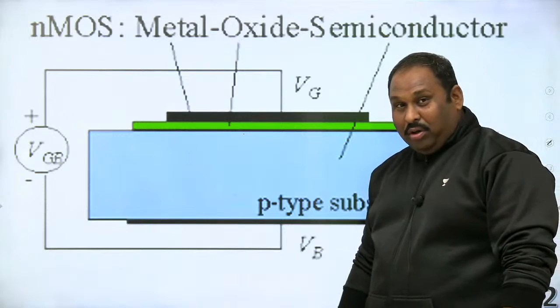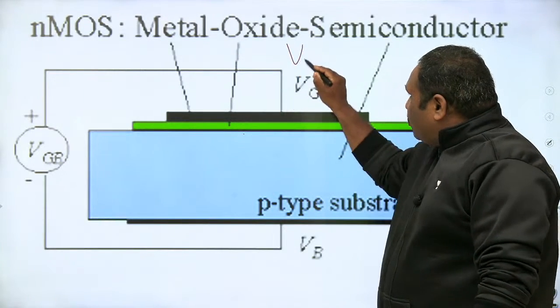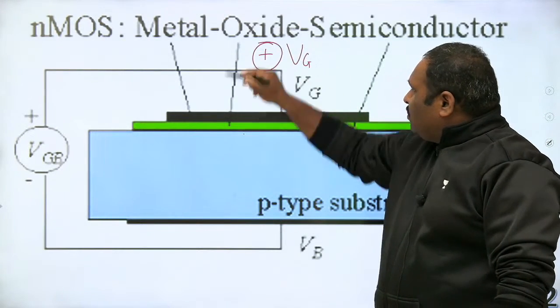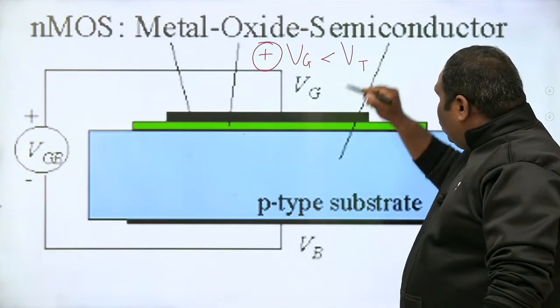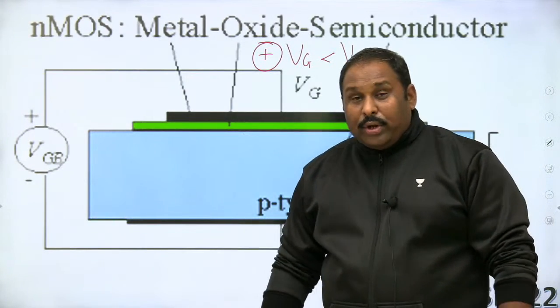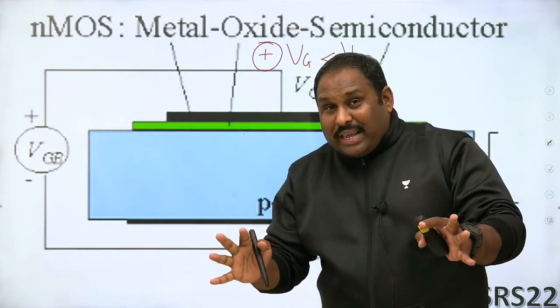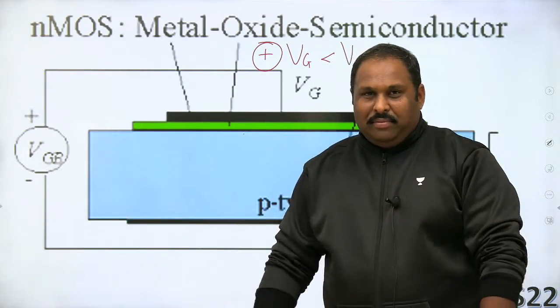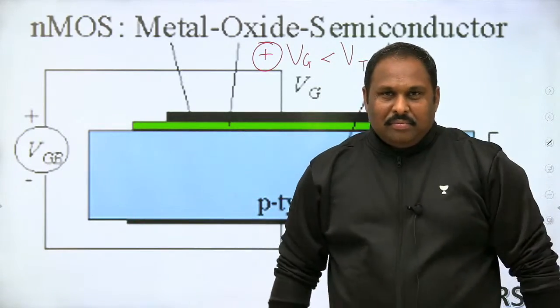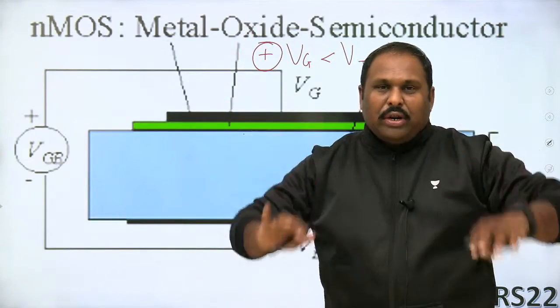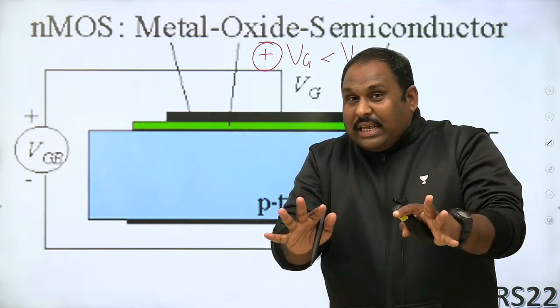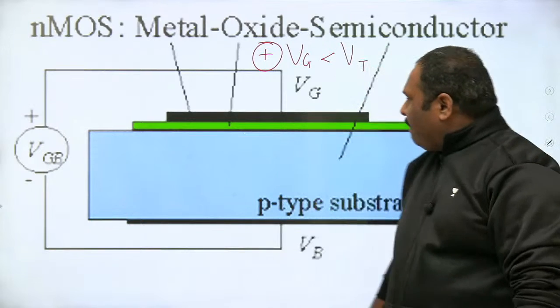Depletion mode is that mode जो यहां पे वोल्टेज पॉजिटिव जरूर है बट लेस देन थ्रेशोल्ड. वो इतना ज्यादा नहीं कि थ्रेशोल्ड के ऊपर है कि चैनल बन रही है, इन्वर्शन हो रही है. नो, थ्रेशोल्ड ओनली विल क्रिएट योर इन्वर्शन. सो इतना ज्यादा नहीं, इट्स नॉट दैट लार्ज. So what's happening?